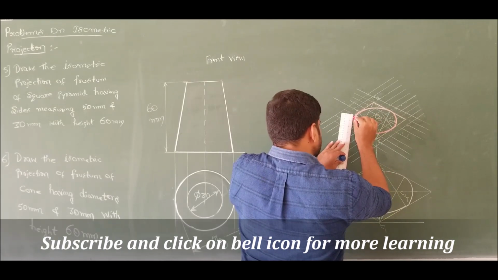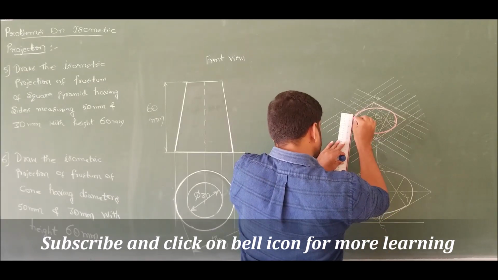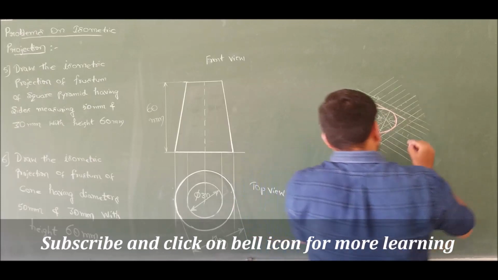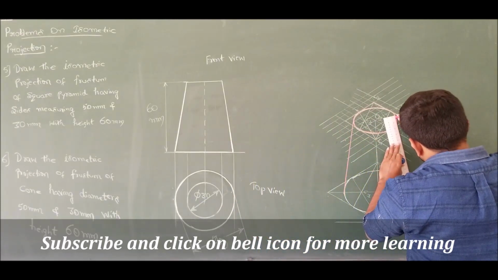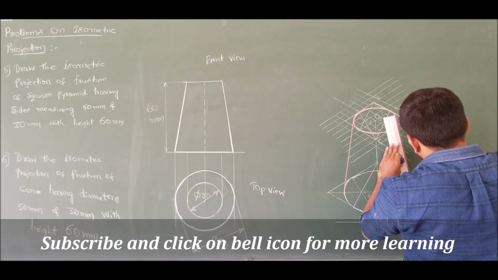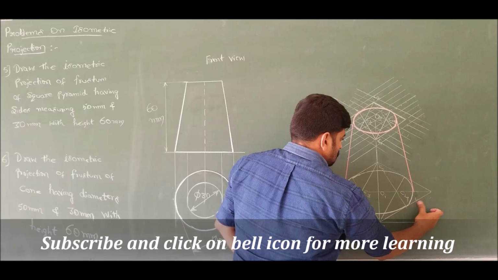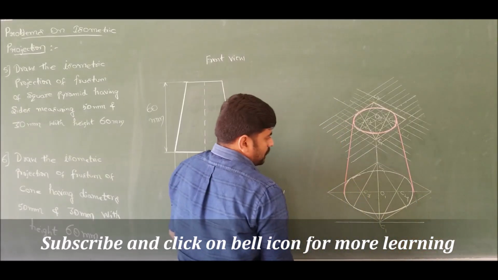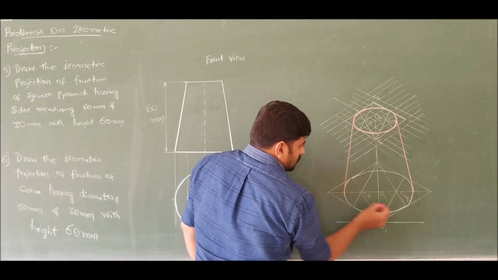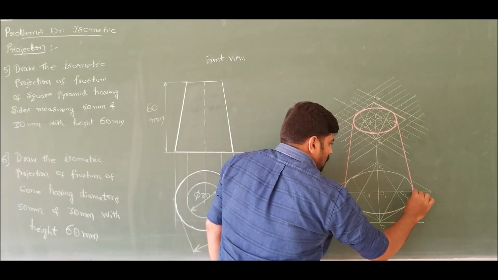So, we draw a tangent on either side. Now, from this tangent to the other tangent, you dark the visible curve.